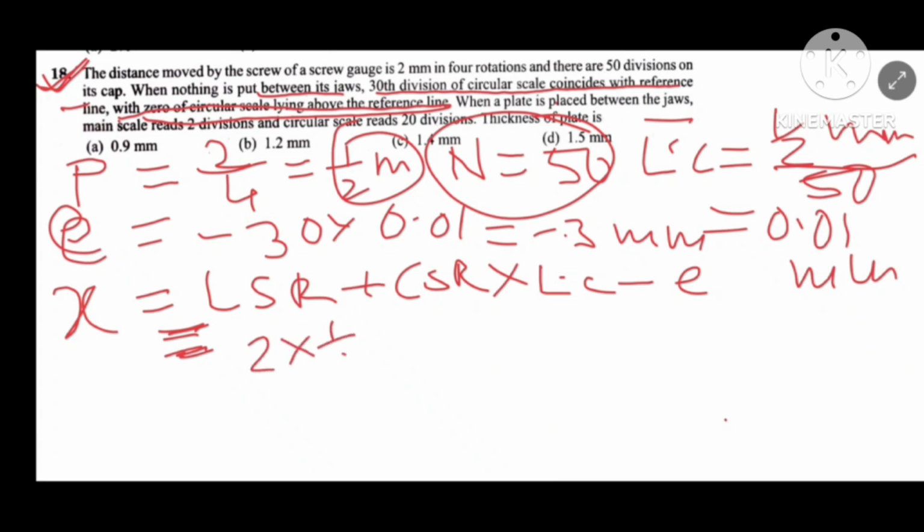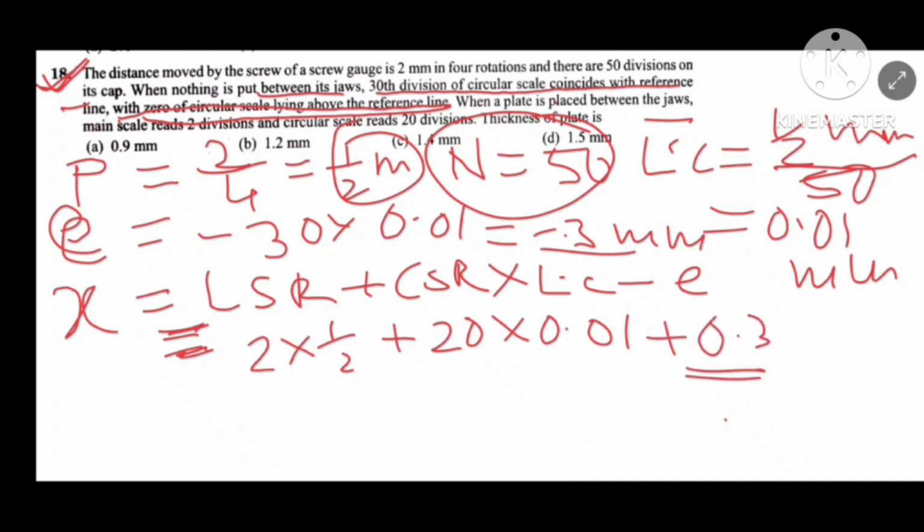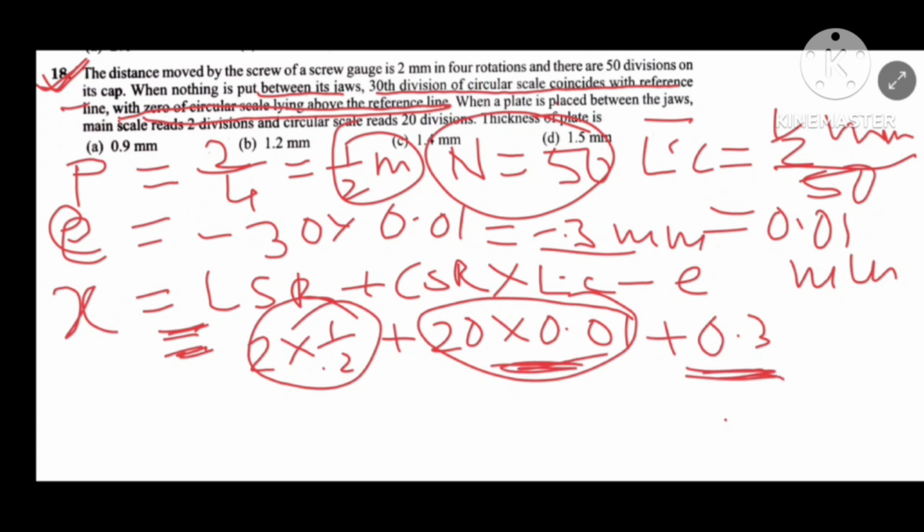Pitch is half. Circular scale is 20 divisions into LC, 0.01, and error, negative error, minus. So this is plus 0.3. Look at this. This is the 0.3, this is the 0.2, and this is the 1. So 1 plus 0.2 plus 0.3. So this is 1.5 mm, the thickness of the plate. This is the D option, correct.